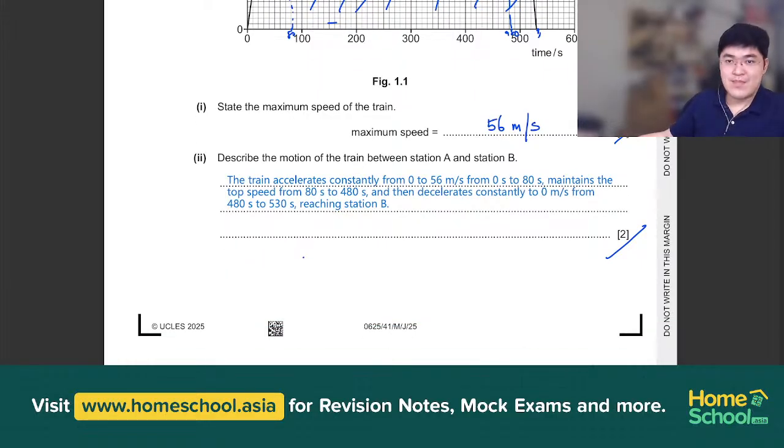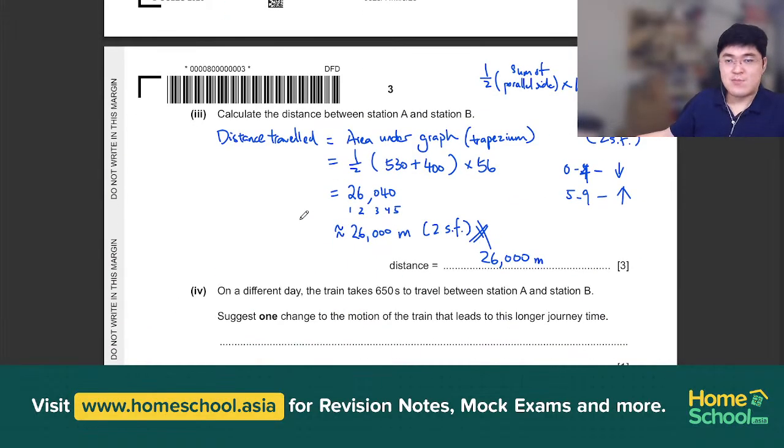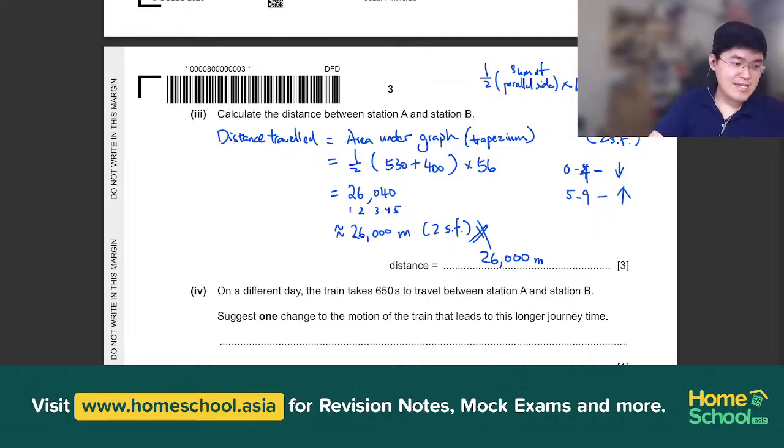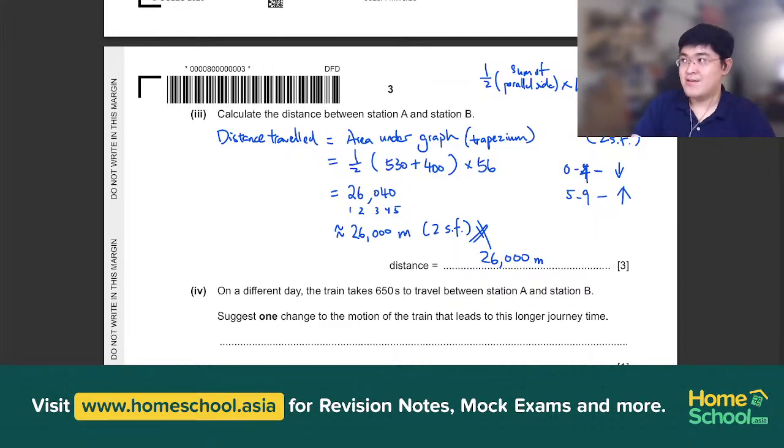Okay? So for this question, this part over here, how do you get your full 3 marks? All right, this is a 3-mark question. So first thing, we need to understand that the first mark is given when your distance traveled is the area under the graph. That gives you your first mark, okay?